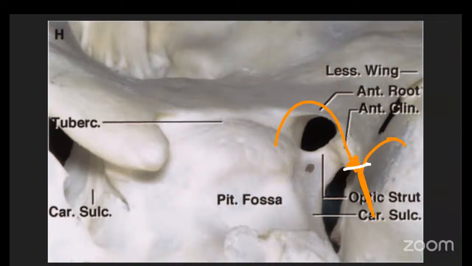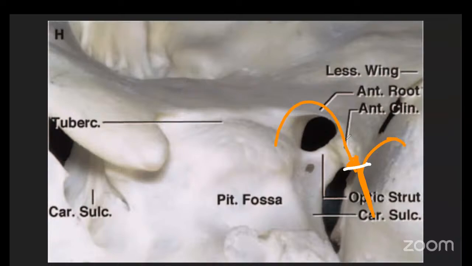Once we cut it, this band contains the meningo-orbital artery, and the meningo-orbital artery is also one of the blood supplies of the clinoidal meningioma. We are going to come to the steps of the surgery later on, but it was an interesting point, so I wanted to add it to the anatomy.